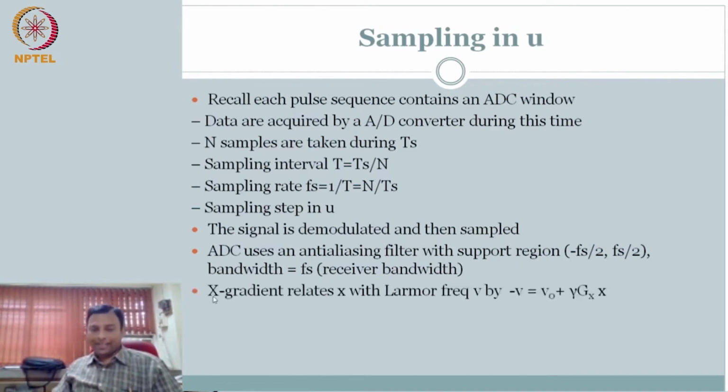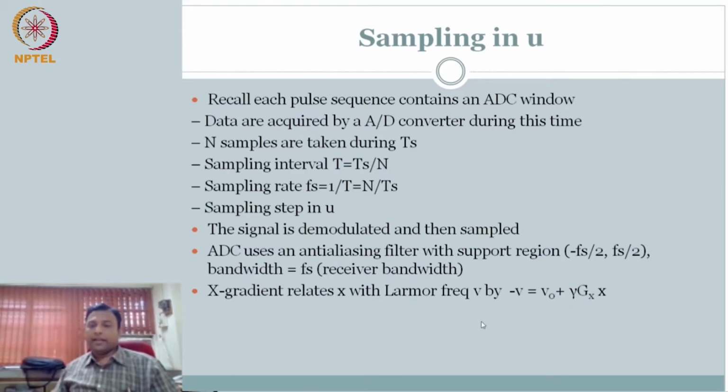So your readout X gradient relates to, so this is frequency domain. What we want to understand is what happens to your spatial domain because of the sampling in the frequency domain. The data is acquired as samples in the frequency domain. What is its effect on delta X in the spatial domain? You can relate the frequency to space because of this gradient. The X gradient relates to the normal frequency by B naught plus gamma Gx X. Correct?